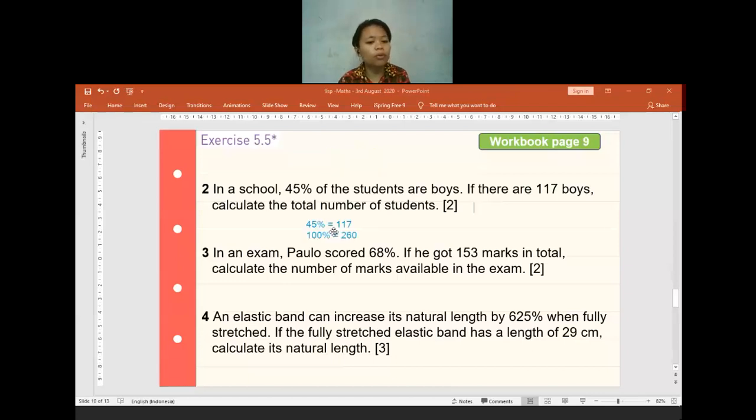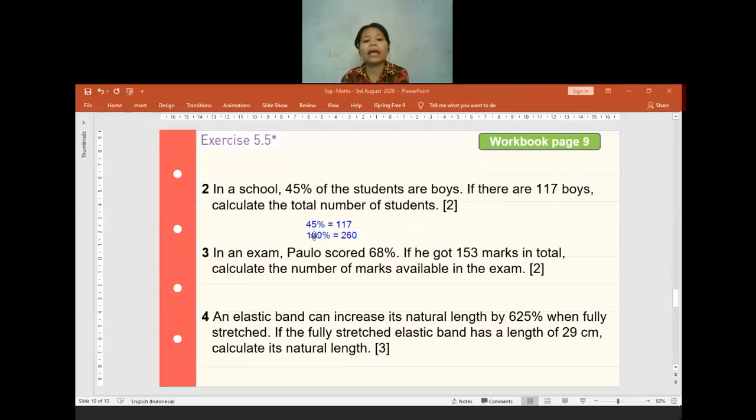If you are confused, it's okay to tell me through the chat box or you can just unmute yourself. Okay, 45% is equal to 117. Is there anyone confused by that sentence first?